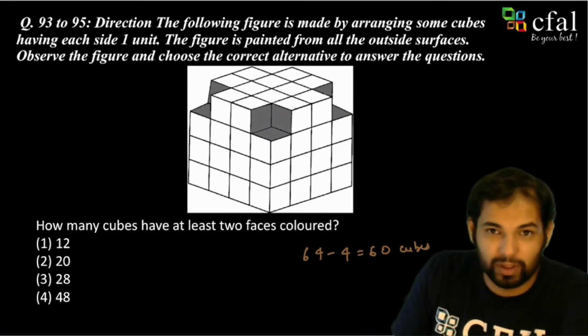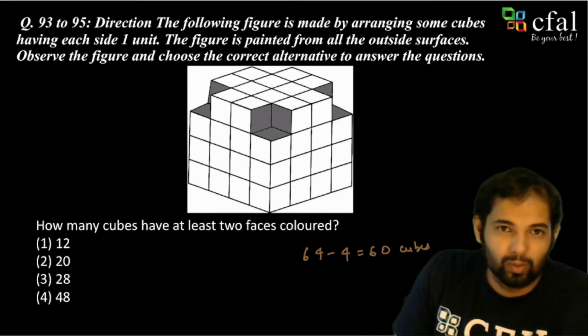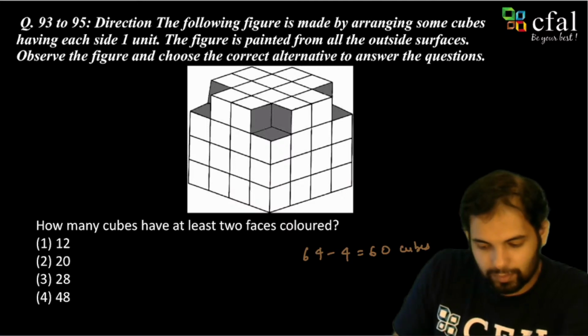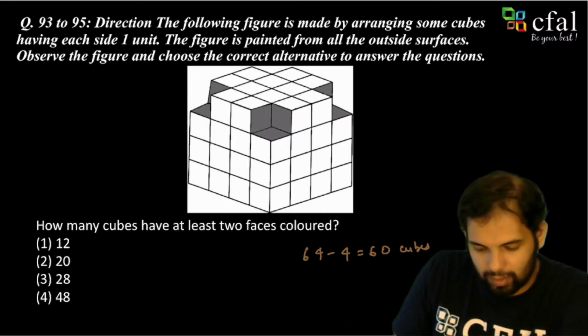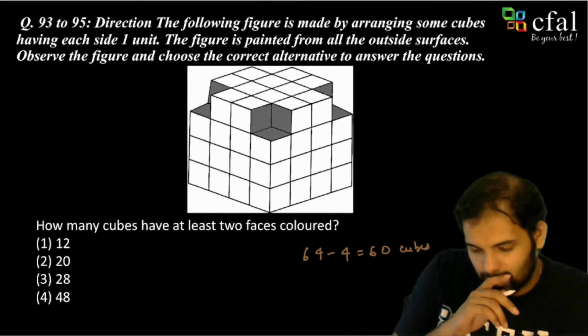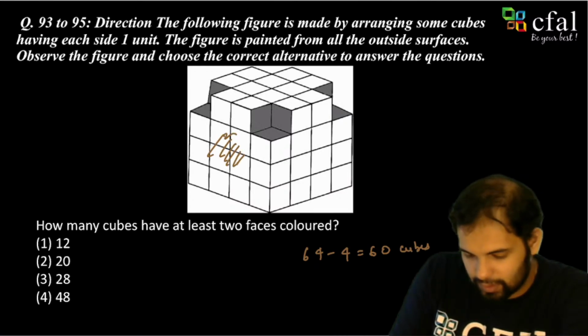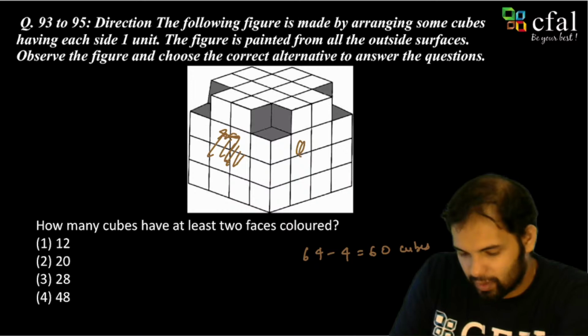60 minus 24. What is 24 now? 24 are the 4 in between. Actually, we have to remove the one-sided face colors, and the one-sided face colors will be the 4 in between on each face. Okay. You mean these ones? Yes. So these are the only ones which have one color.